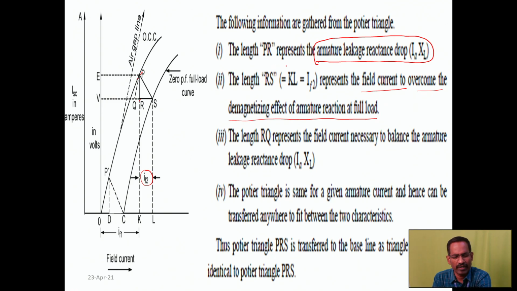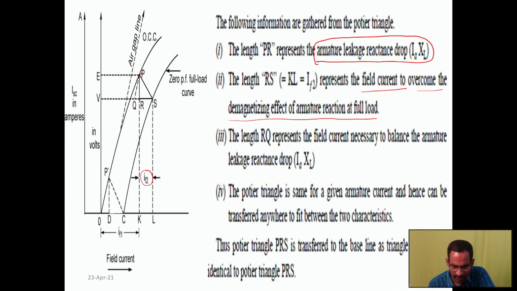because it is the zero power factor lagging test. So if it is the lagging power factor, definitely the armature reaction effect is the demagnetizing effect. To overcome this demagnetizing effect, we require additional field excitation, or we need additional magnetomotive force. The number of turns is always constant. By changing the field current, we will be getting the different magnetomotive force.